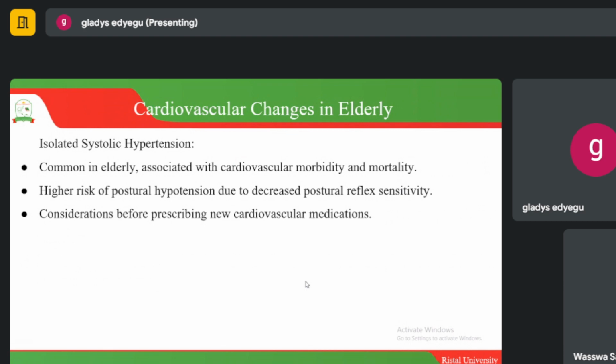So you should not change the drugs immediately before assessing. As I mentioned in the previous slide, in most of our elderly clients all the systems in the body degenerate, and their functionality is not the same as someone who is still young.